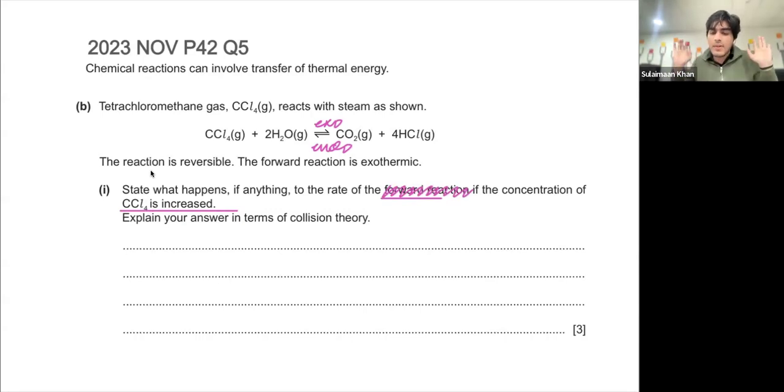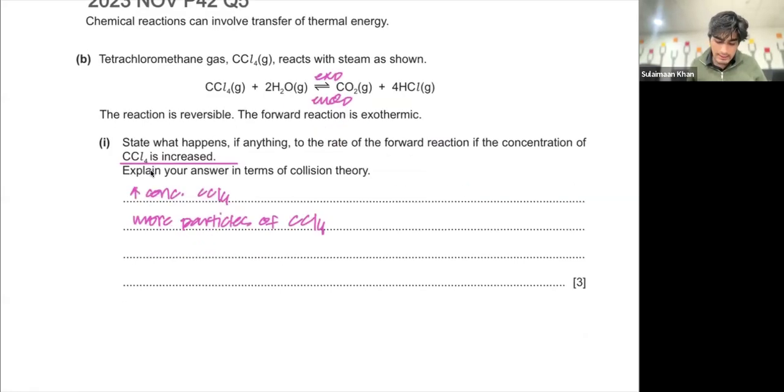So what will happen if the concentration of CCl4 is increased? Increase in concentration of CCl4 would mean more particles of CCl4 per unit volume, which would mean what?